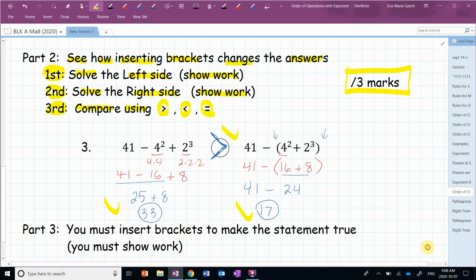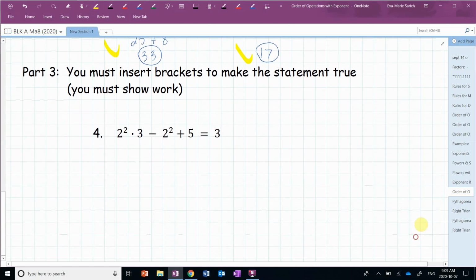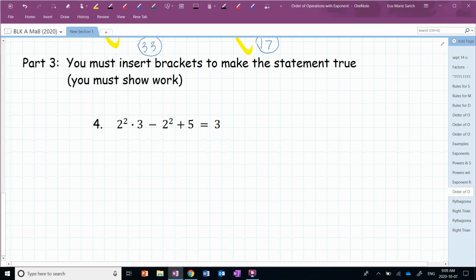So often when we add a bracket, it changes the order in which we do the calculation, and we'll get a different answer. Now, the third part of the order of operations questions you're going to see is where you must insert brackets to make the statement true.